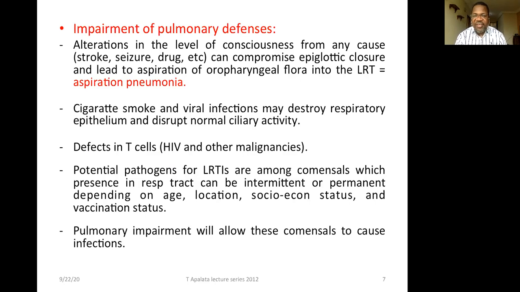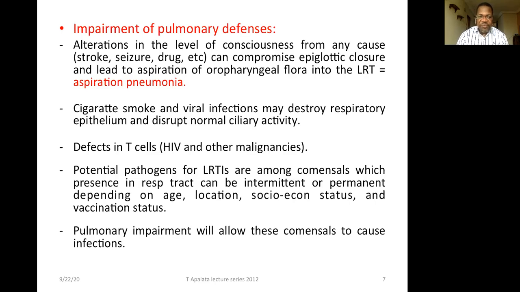It can compromise the epiglottic closure and lead to aspiration of oropharyngeal flora. So if there is an alteration of the level of consciousness, then all the microorganisms that are normally found in the oropharyngeal area can be swallowed, aspirated. So they can go into the respiratory tract, and they will cause what we call aspiration pneumonia.